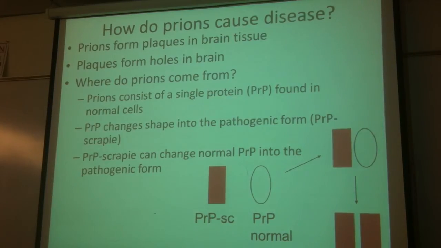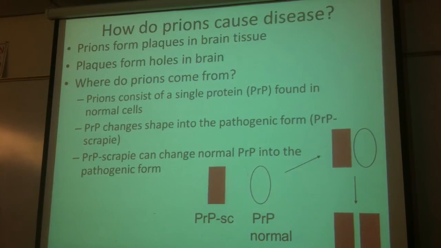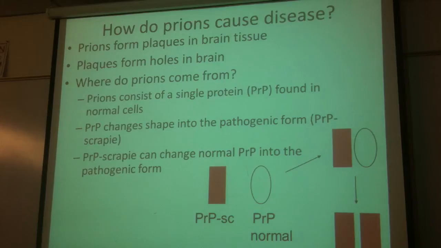Then the PrP scrapie can go along, find normal PrP proteins, and convert them. We don't know a ton about it, but it's problematic because there's no way to treat it.